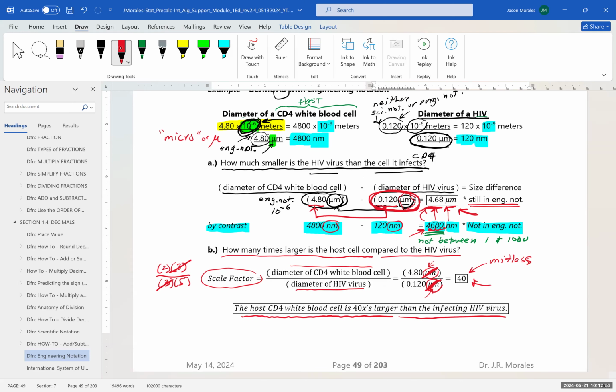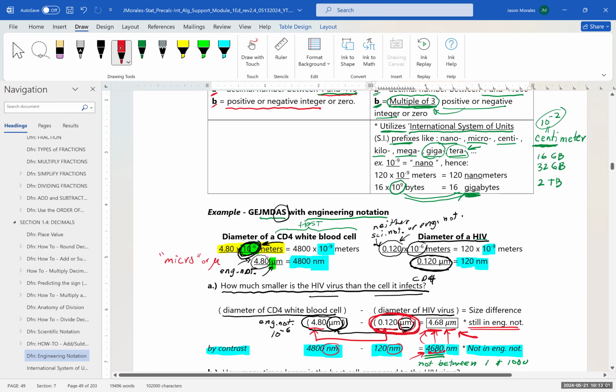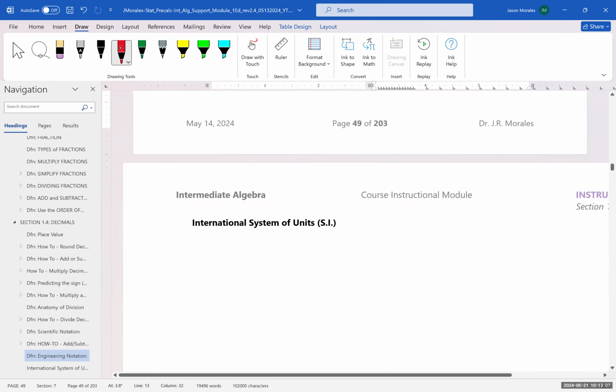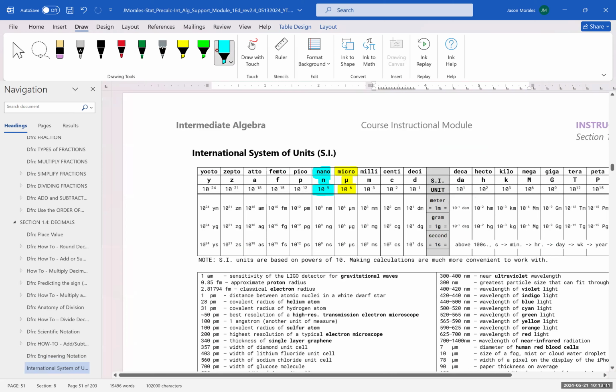So this is a brief explanation of engineering notation and how you can do math in engineering notation. I wanted to draw your attention to this extra sheet, a table that I made, which gives you prefixes based off multiples of 3 of 10.